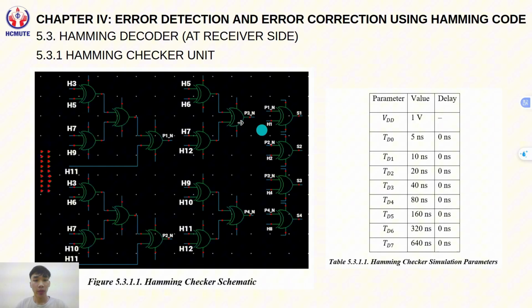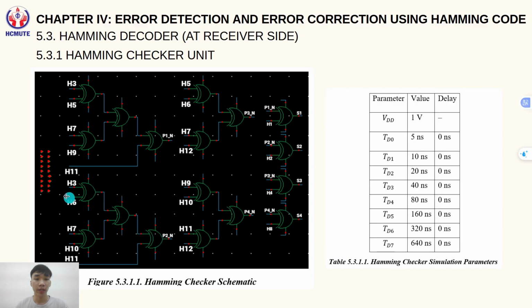When the 12-bit Hamming word is received, the circuit will calculate the parity bits using the same equations as in the encoder. In detail, B1n equals x3 XOR x5 XOR x7 XOR x9 XOR x11.